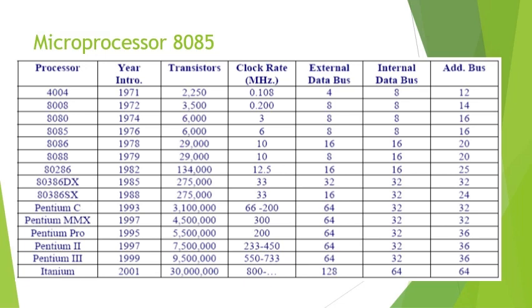We also have 16-bit, 32-bit, 64-bit, and 128-bit microprocessors. These were made by Intel, and other companies were also there at the time, like Motorola, Zilog, etc.